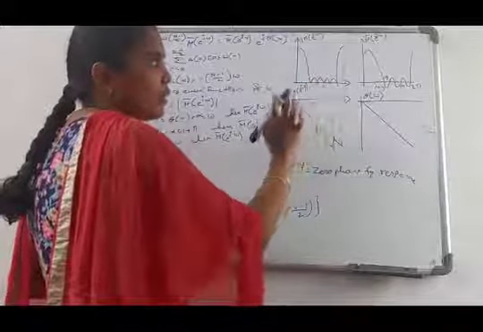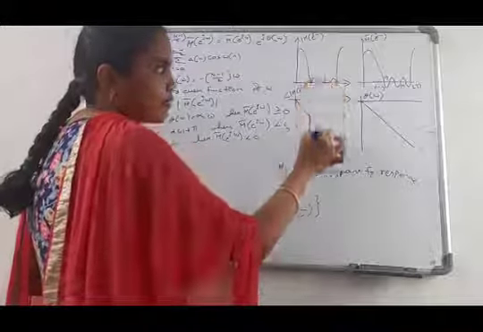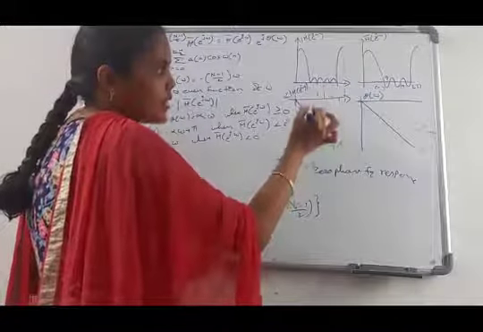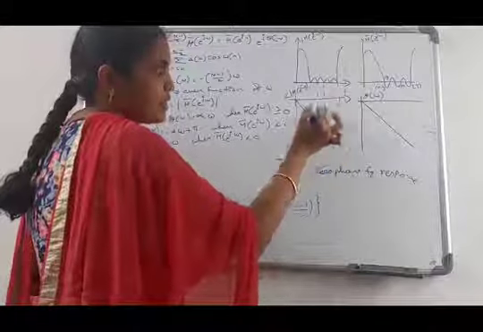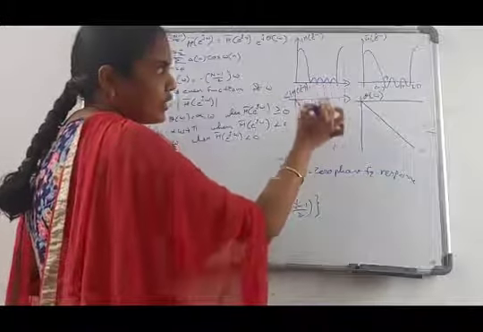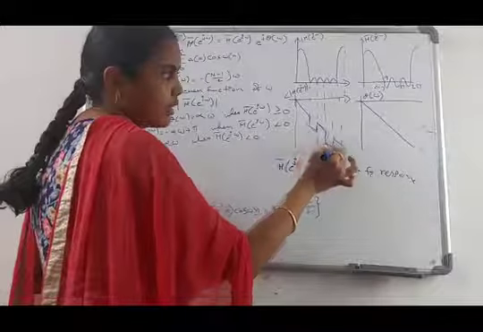Now for the angle, you have to draw the dotted lines where you get the positive peak.